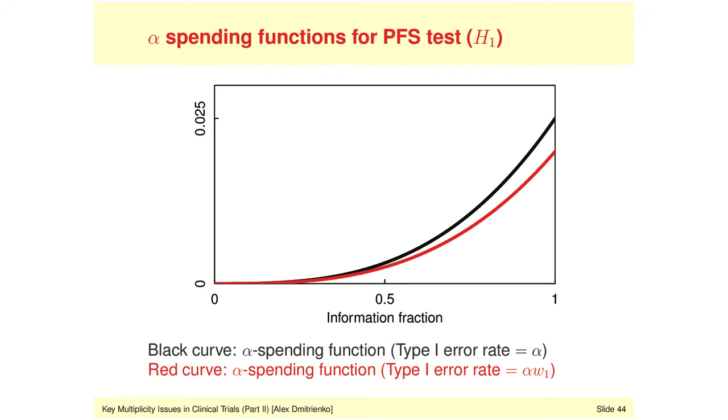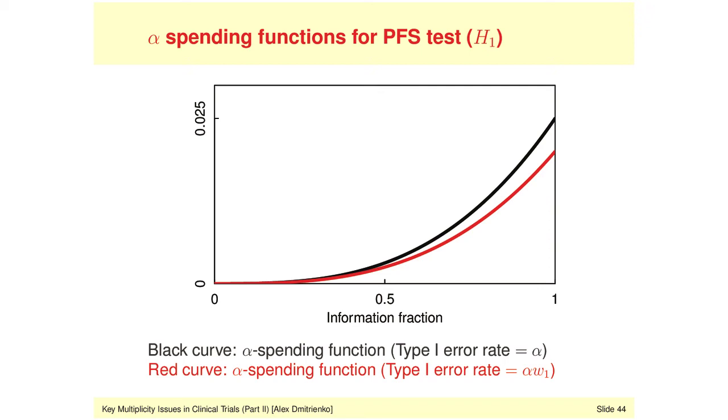So where exactly did those adjusted significance levels come from? If we begin with the process of spending the alpha for the progression-free survival test, that is for the hypothesis H1, there are two alpha spending functions displayed in this figure.